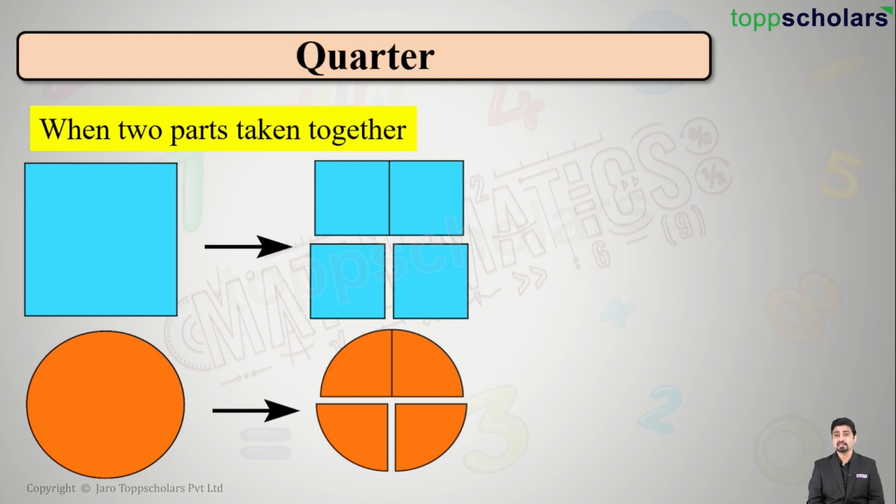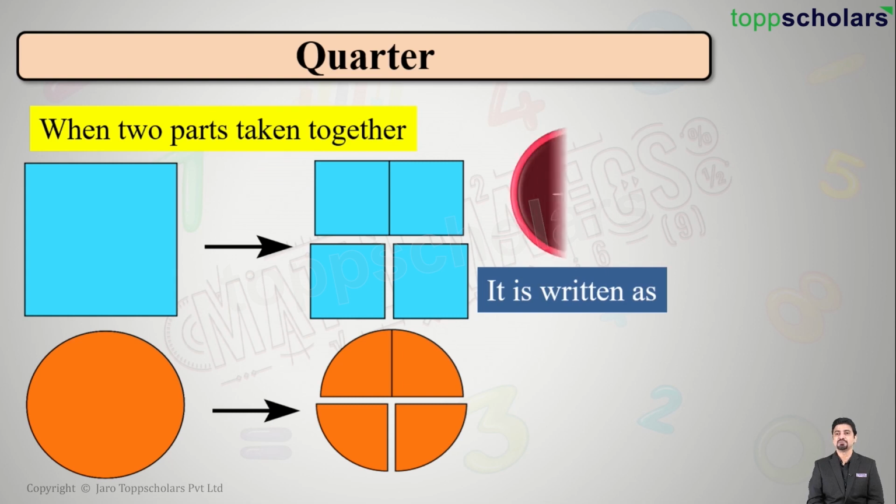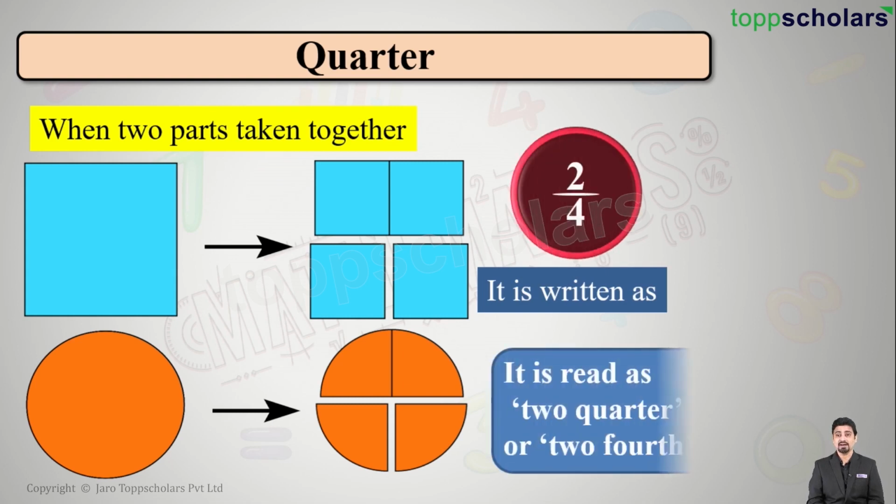What have I taken? 2 out of 4. Hence it is written as 2/4 and it is read as 2 quarters. Because I have taken how many quarters? 1 and 2. 2 quarters. It is also read as 2/4.